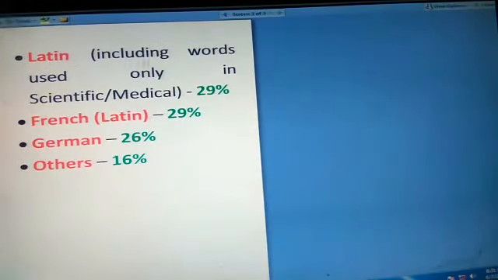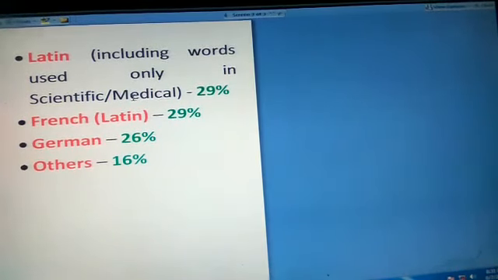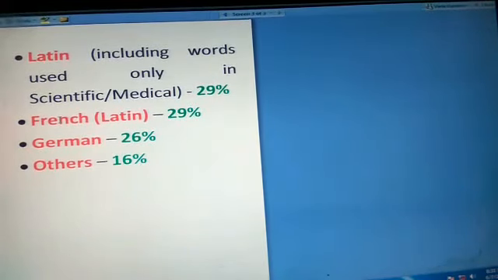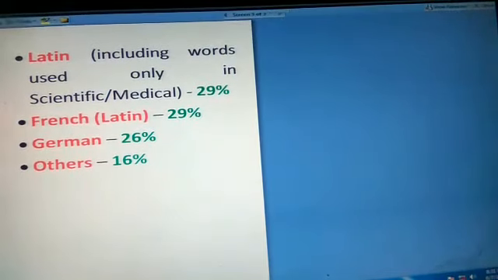Latin words have a 29% influence over English. It includes scientific and medical words. You have seen that many scientific and medical words belong to Latin, and that is why we find many medical and scientific words have silent letters. In the same way, French has shared 29% of words in English, and it also belongs to Latin.